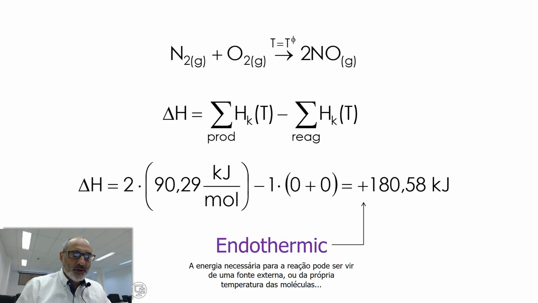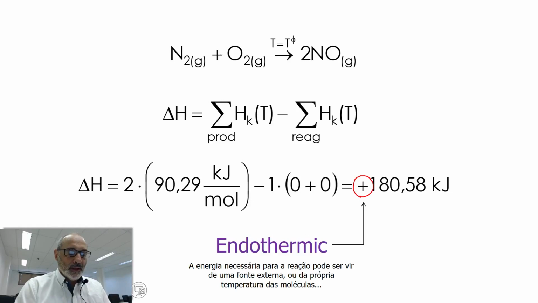Remember our convention, when you give heat to a system, like in Newcomen's machine, you put coal in the machine, so you're giving heat to the machine, and the machine gives you back work. So heat going into the system is positive, and work going out of the system is positive. That's the convention which we're following here. So this plus sign means that the process is endothermic.